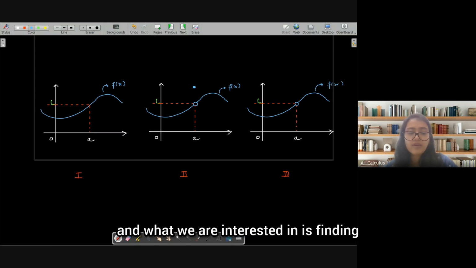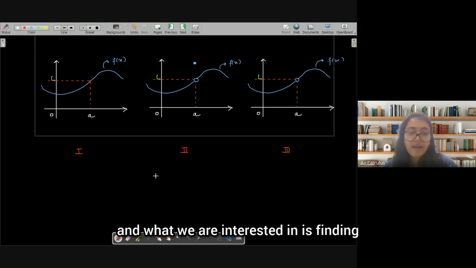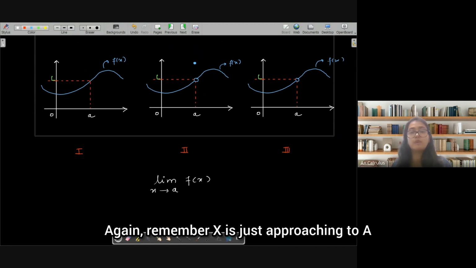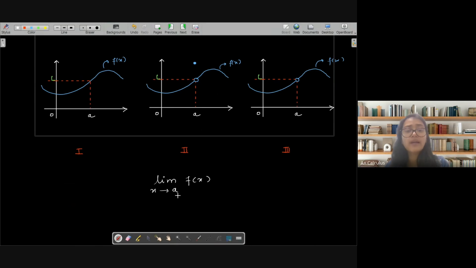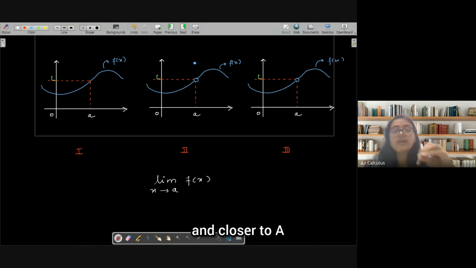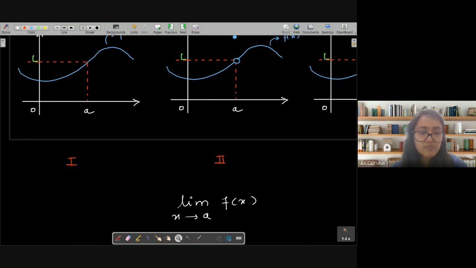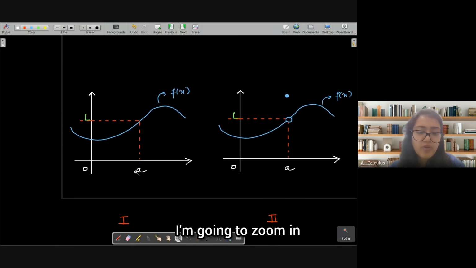What we are interested in is finding the limit of this function when x approaches a. Again, remember, x is just approaching a. This notation means that x is getting closer and closer to a. It is not becoming equal to a. So in the first case, I'm going to zoom in.